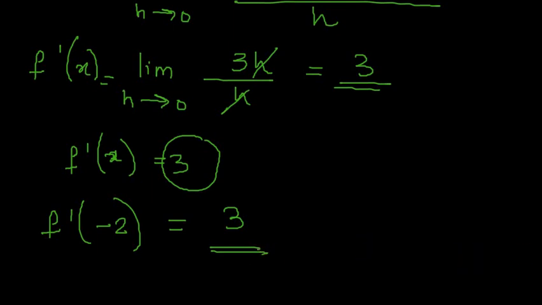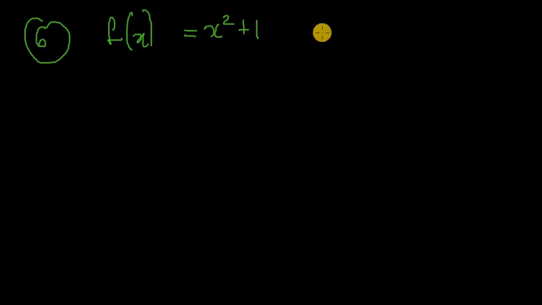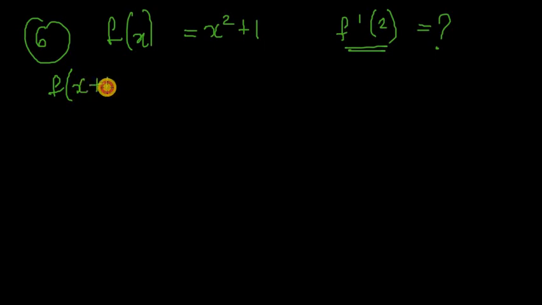We'll solve one more sum of the same kind. Question number 6. f of x is x squared plus 1. We have to find f dash of 2. Before you find f dash of 2, try to get the value of f dash of x, then replace x with 2. So I'll need f of x plus h for using the first principle.